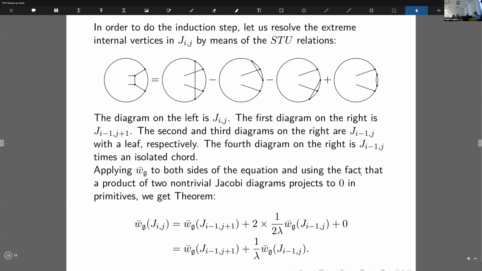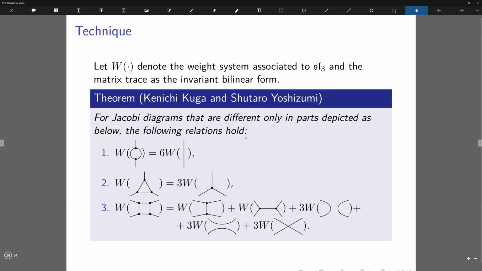Okay. And so next is just a tool that I use to calculate for the Jacobi diagram, which is a theorem stated by Kuga and Yoshizumi. This is a relation for the SL3 weight system for the Jacobi diagram. So there are three relations.